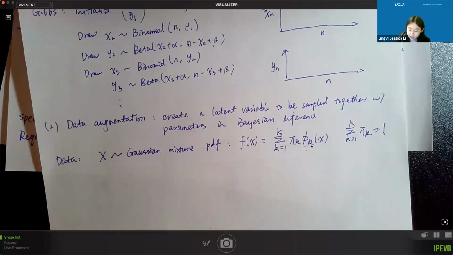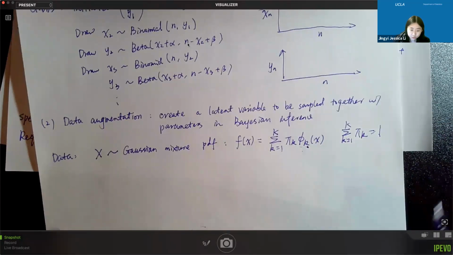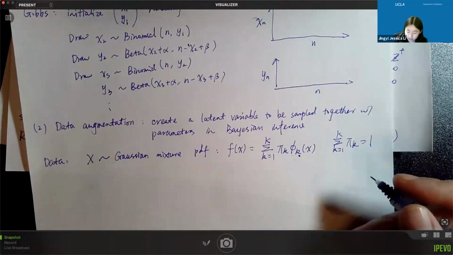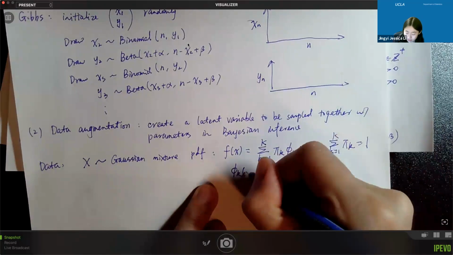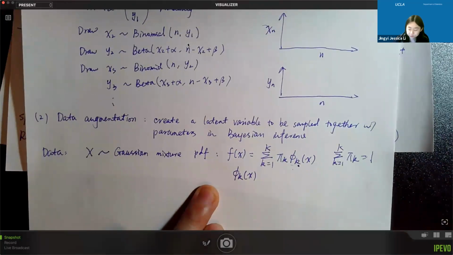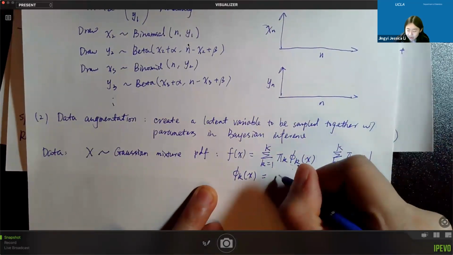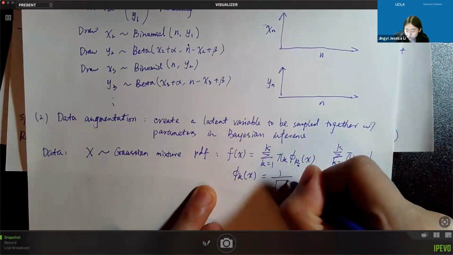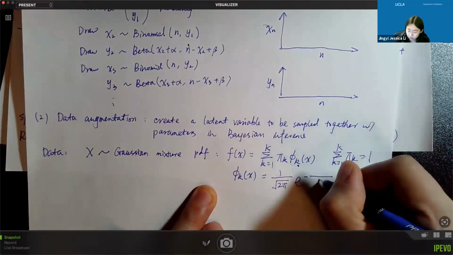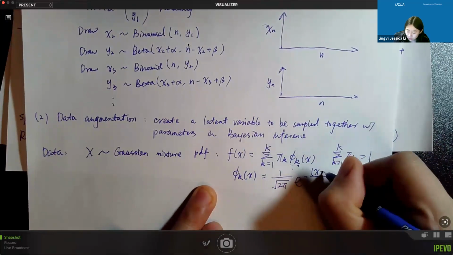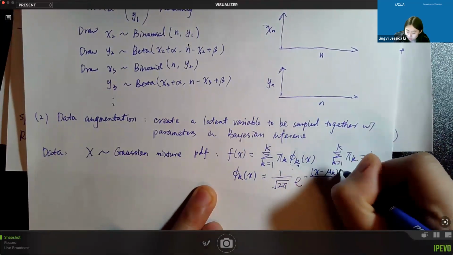So let's say that here we have priors. For simplicity, I would just say phi_k(x), this particular density for the kth component, has the form 1 over root 2 pi times exponential to the power of minus one half (x minus mu_k) squared.